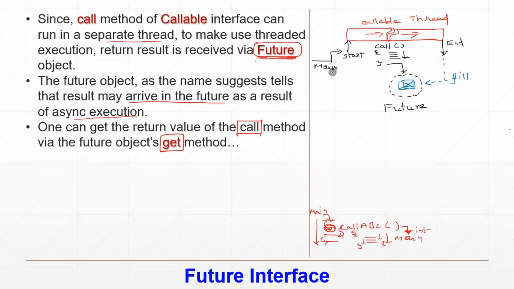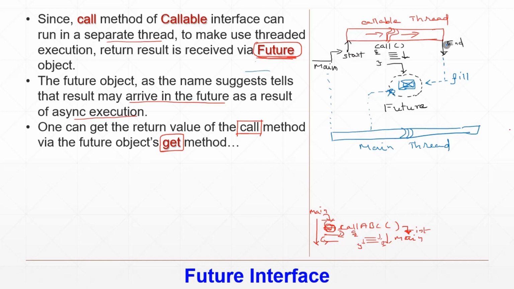And since here we are talking about the main thread, right? The main thread also runs in parallel. Let's assume like this. The main thread started the callable, and let's state that the main thread also has access to this future object. Since it started the thread, it will have the thread handle, and it will have this future object as well.